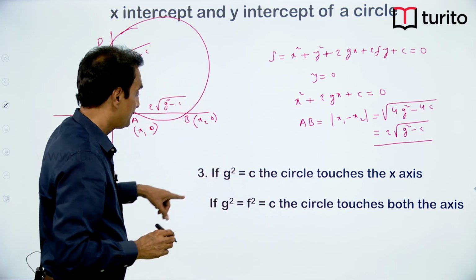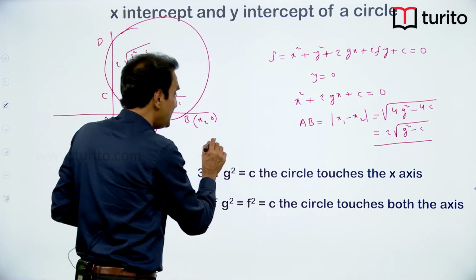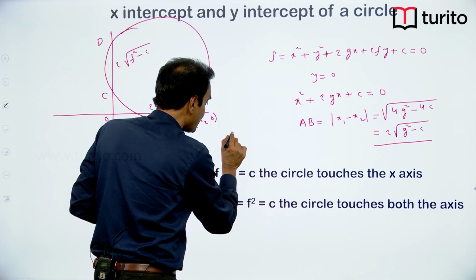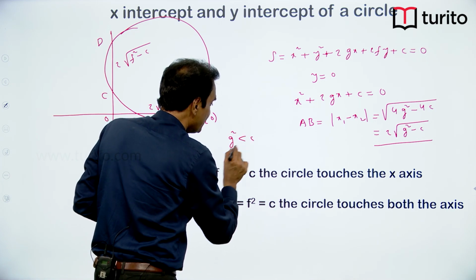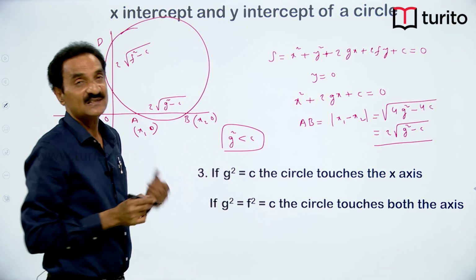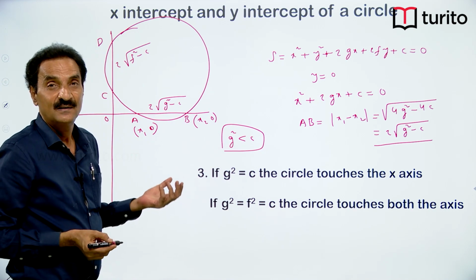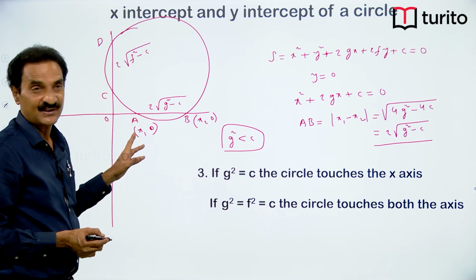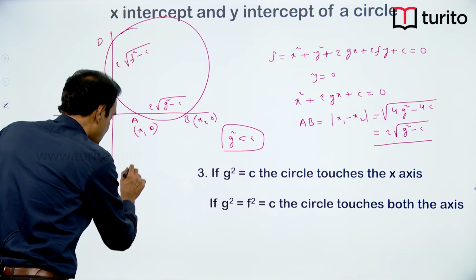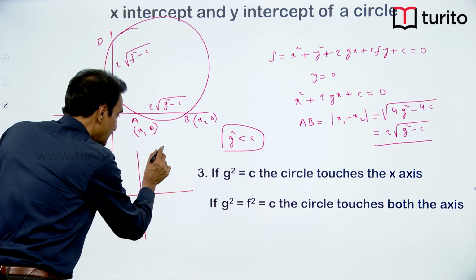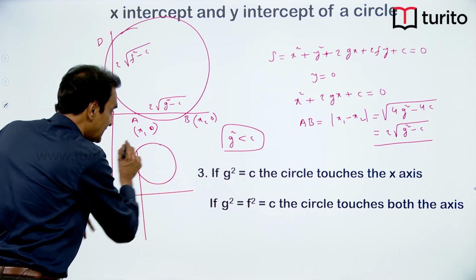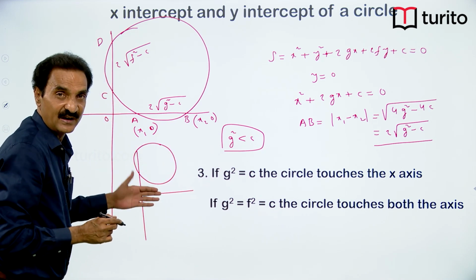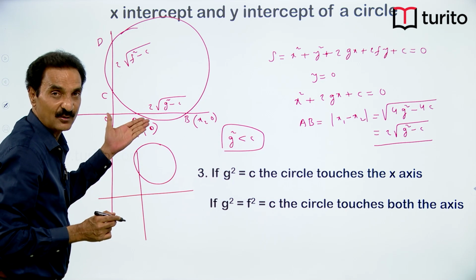Now, if g square is less than c, what happens? The X-intercept is imaginary, then how will the circle be? There will be no real points of intersection. So if the axes are like this and the circle is not intersecting the x-axis, it lies on one side of the x-axis, either above or below.